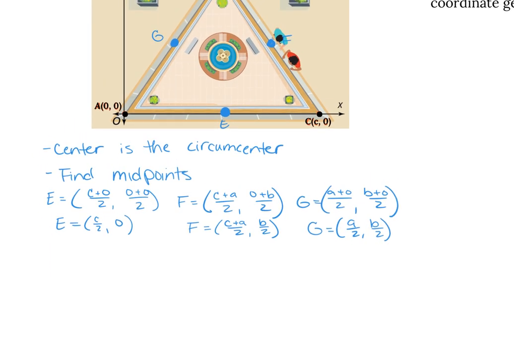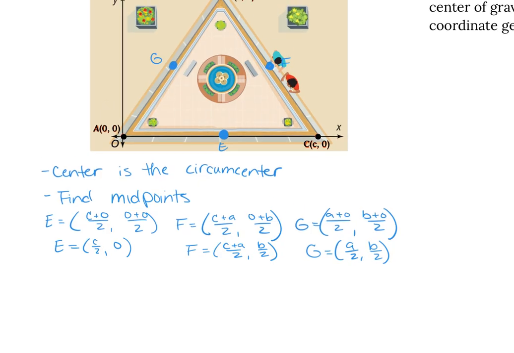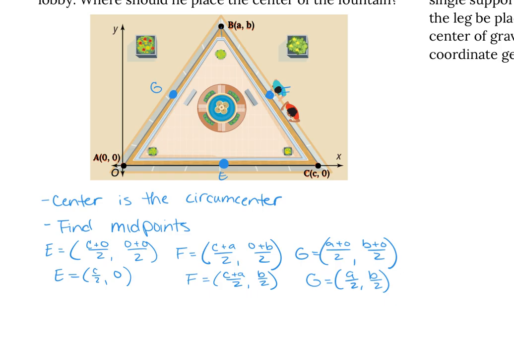Okay, so next we're going to create the equation for the perpendicular bisector of AC. So we are writing an equation for this perpendicular bisector here that forms a 90-degree angle.